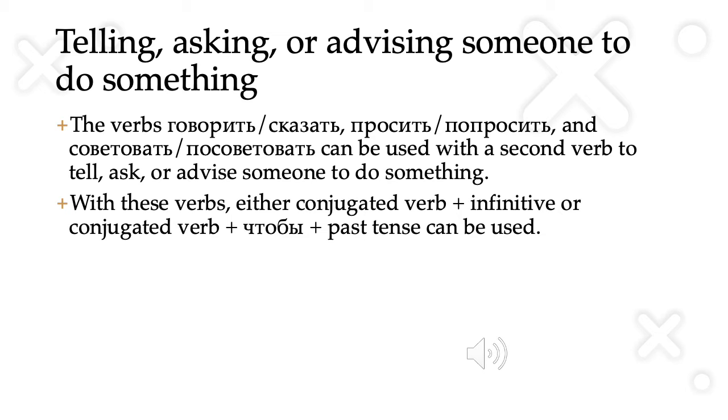And these can all be combined with a second verb to tell, ask, or advise someone to do something. And in these cases, with these verbs, you can do either the conjugated verb plus the infinitive of the second verb, or the conjugated verb plus чтобы plus the past tense. So we'll go into more detail about that in the next slide.